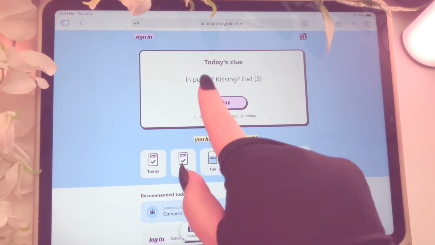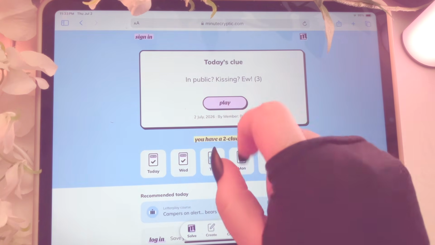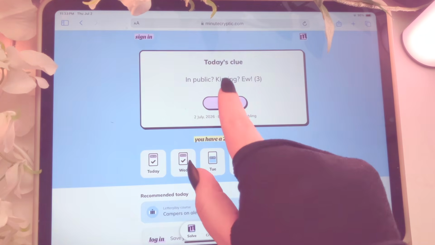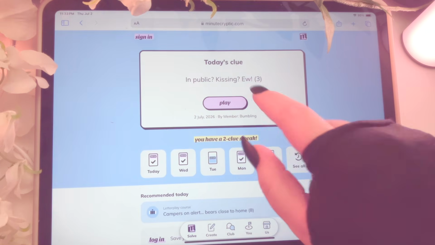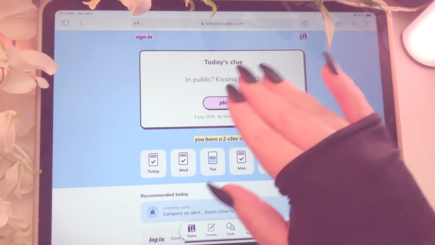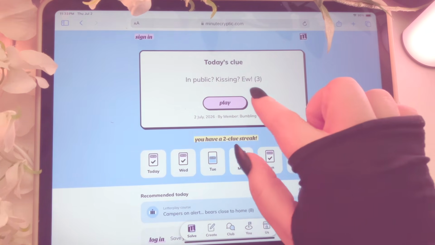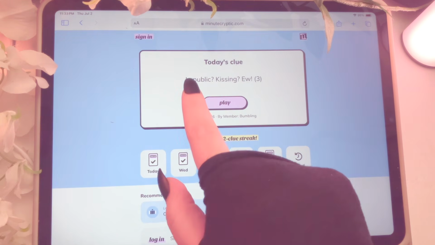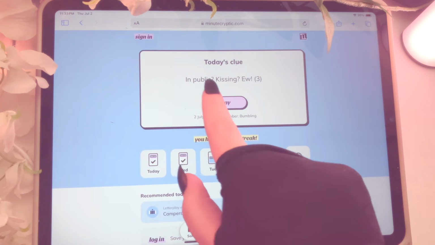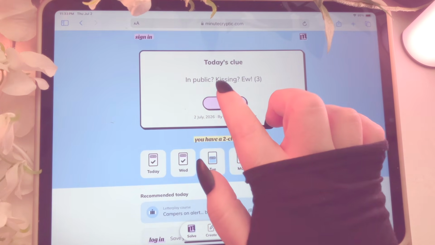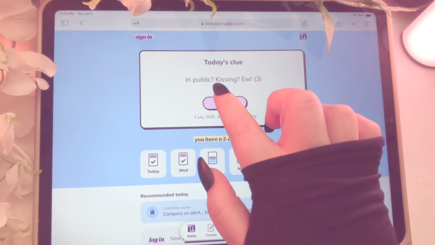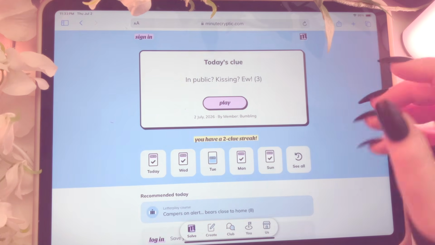The fodder of "public" and "kissing" will be the answer, and its definition is going to be "ew." It's another word meaning ew. It's only 3 letters. It's split across the words "public" and "kissing." Hopefully you can see that it is I-C-K. Ick.